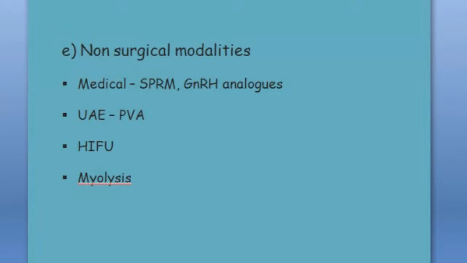As I told you, this is not a theory class, so I will not go into the details of all these management options. Then you have the uterine artery embolization, you have the high intensity focused ultrasound, myolysis. So a sentence or two about each of these various management options is all that is called for.